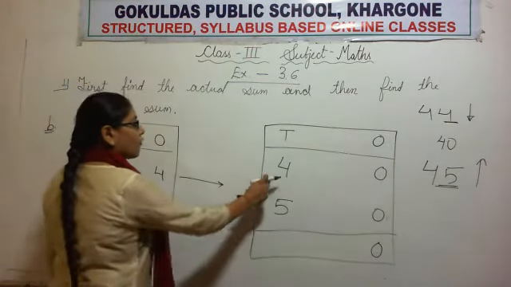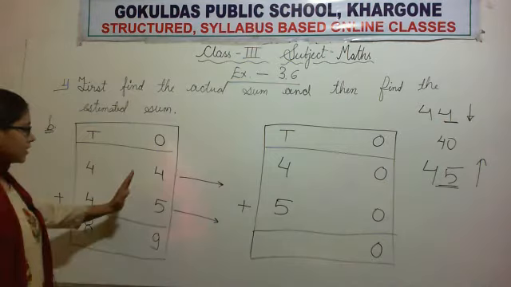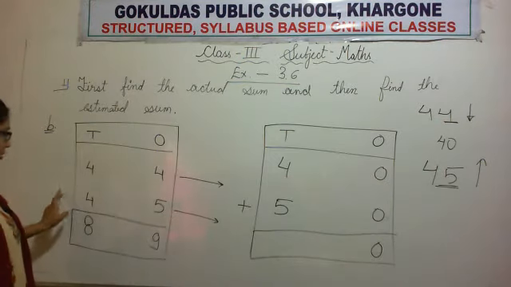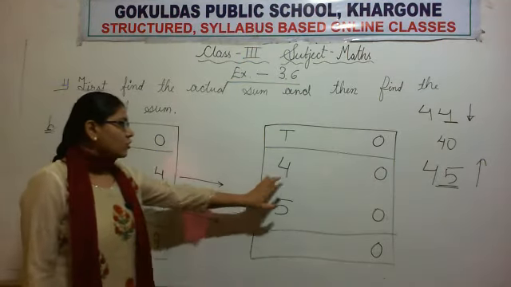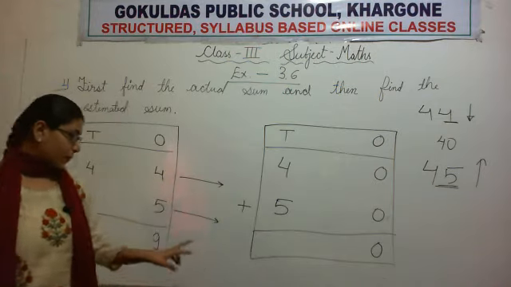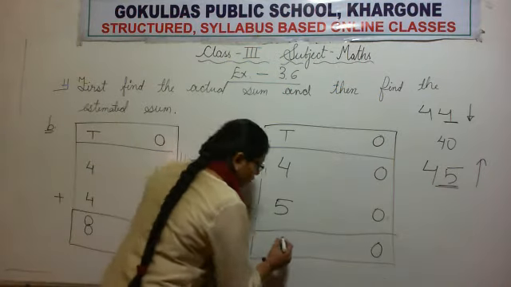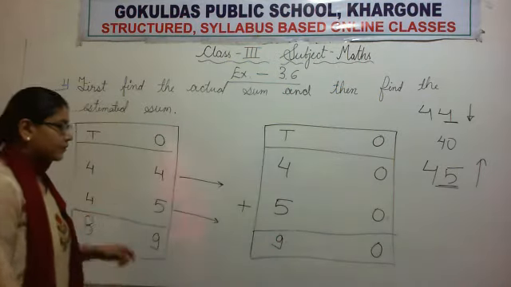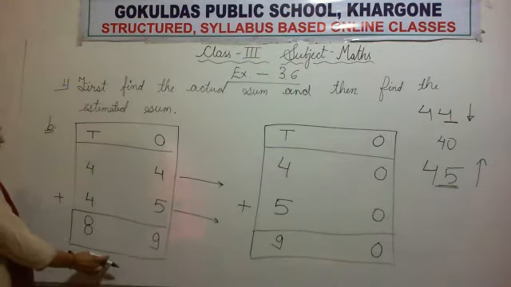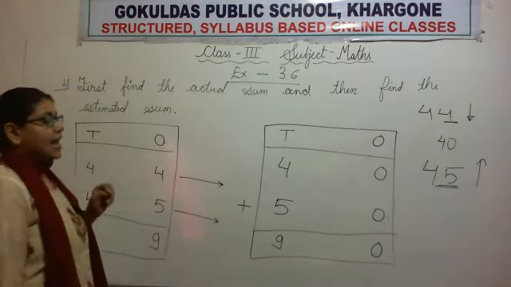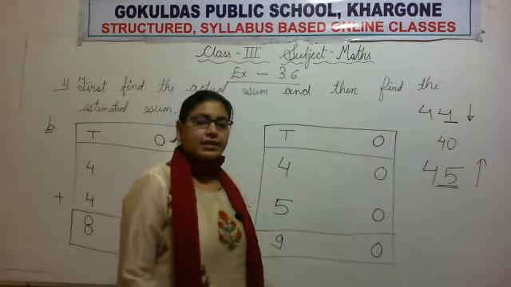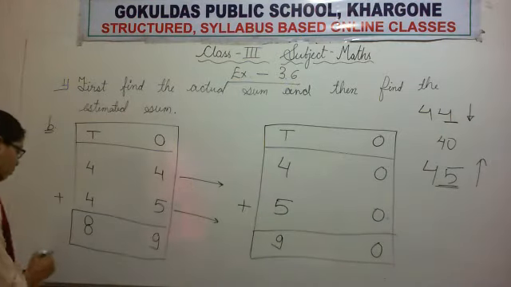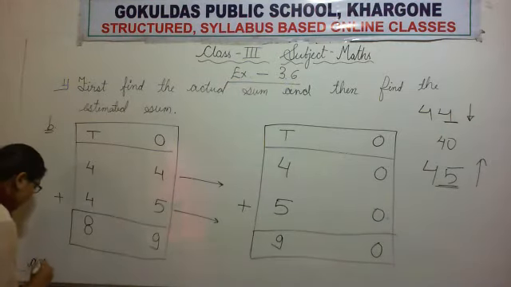Now 4 plus 5. See, just here we added 4 plus 5. Here it is also the same, 4 plus 5. So 4 plus 5 is equal to 9. So we will write the number 9. So our actual sum is 89 and our estimated sum is 90. We have found out both the sums. Let's write the answer.